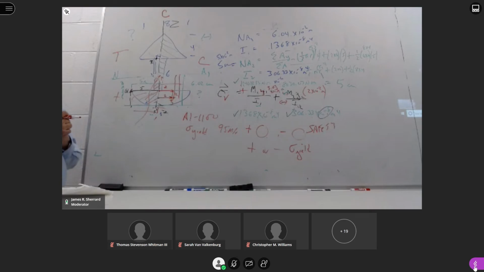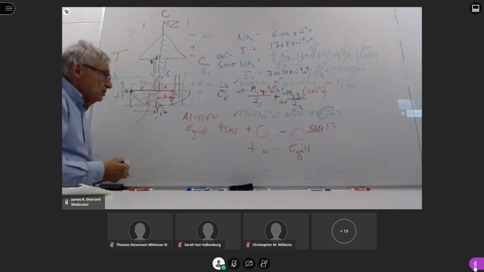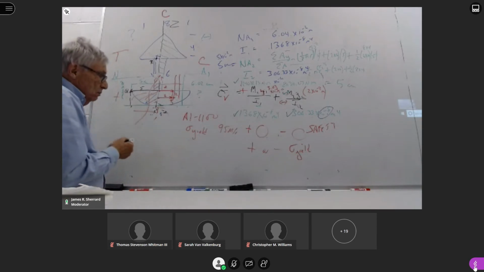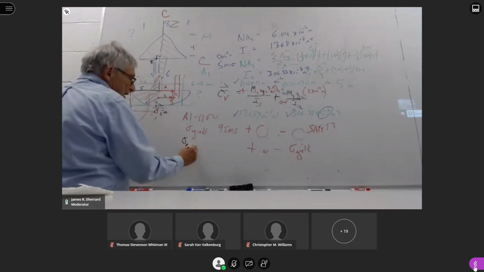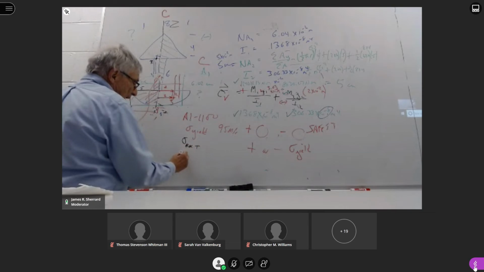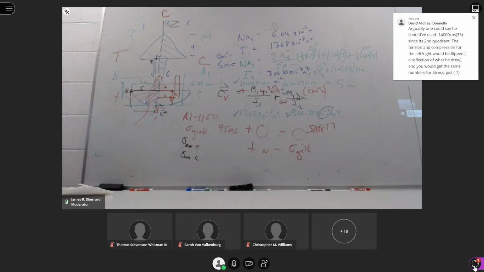So the problem, when you go to do that calculation, is we know that this maximum value is going to have a maximum for tension, and it's going to have a maximum for compression.